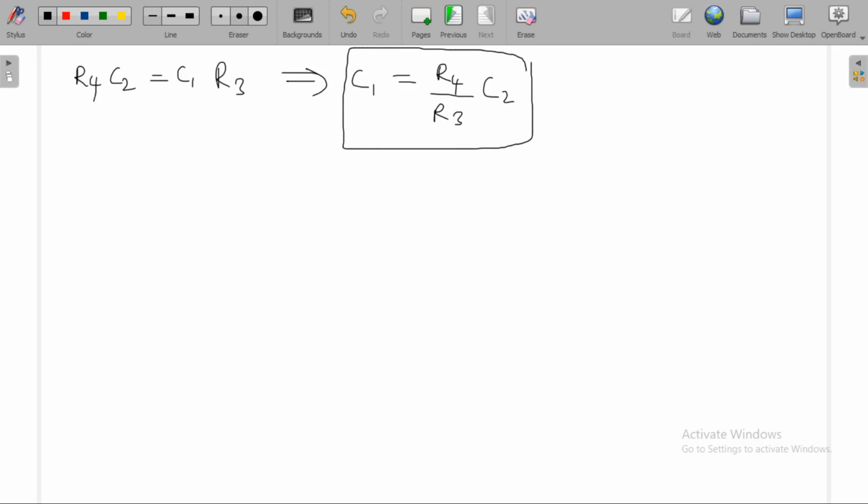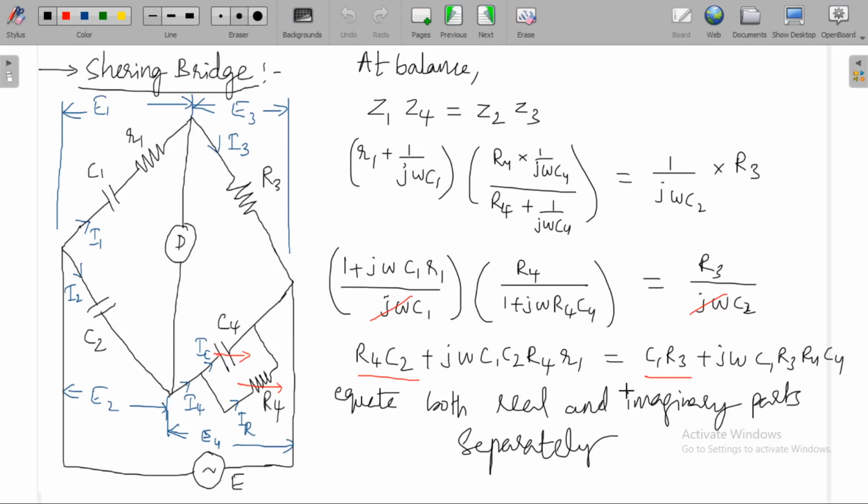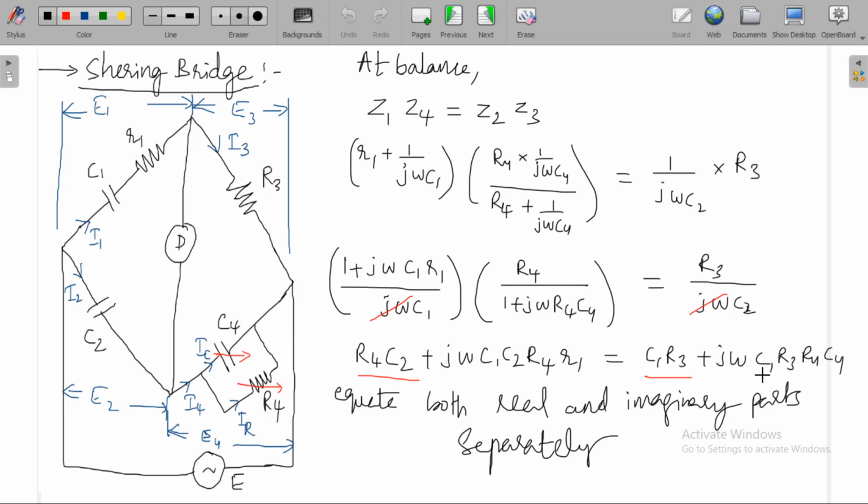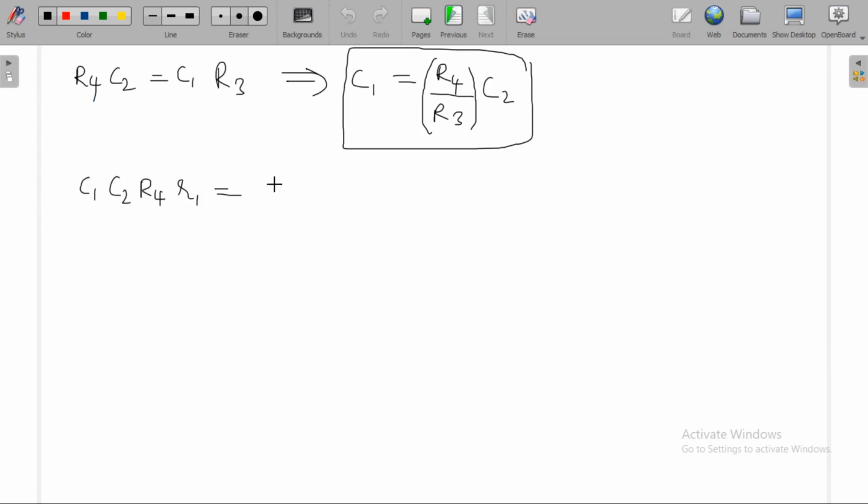This is C1. Now comparing imaginary parts: C1 C2 R4 R1 is equal to C1 R3 R4 C4.